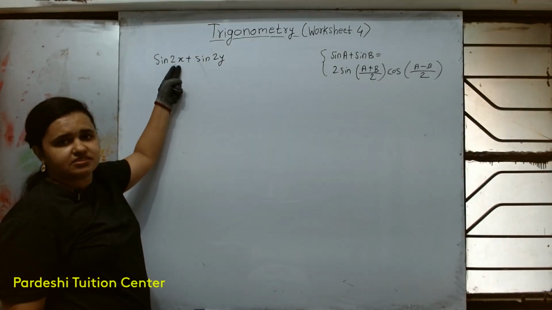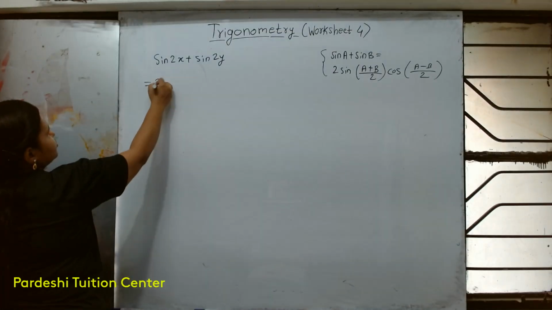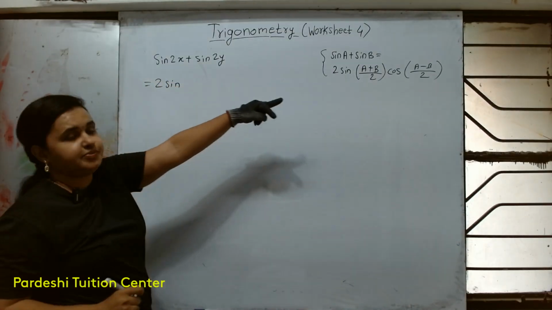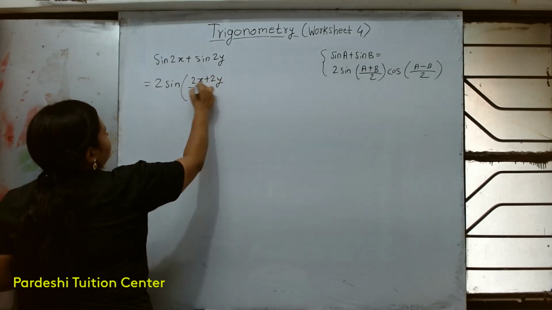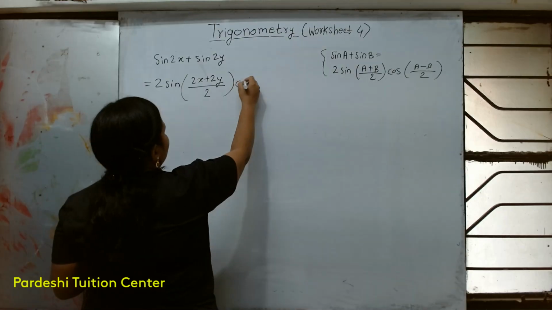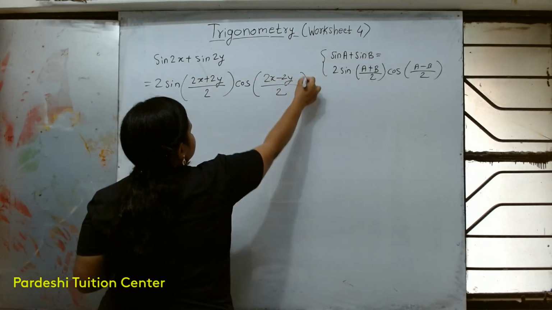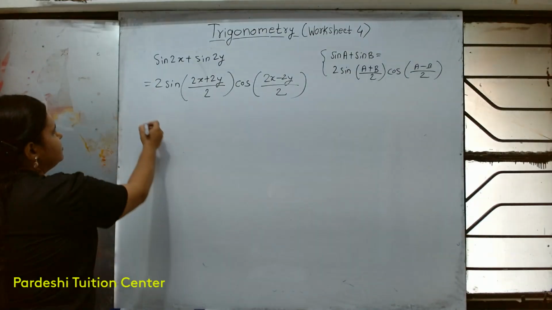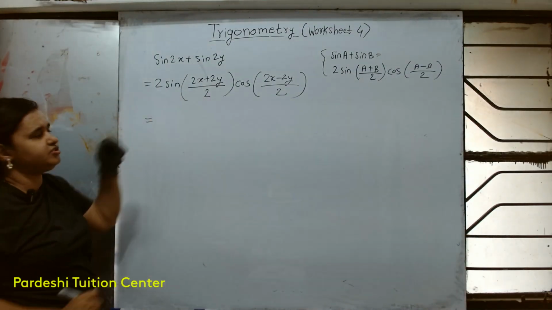Here a is 2x and b is 2y. So we will write 2 sin of (a plus b) by 2, meaning (2x plus 2y) by 2, and cos of (a minus b) by 2, meaning cos of (2x minus 2y) by 2. Now if I take 2 common, it will cancel with this 2.